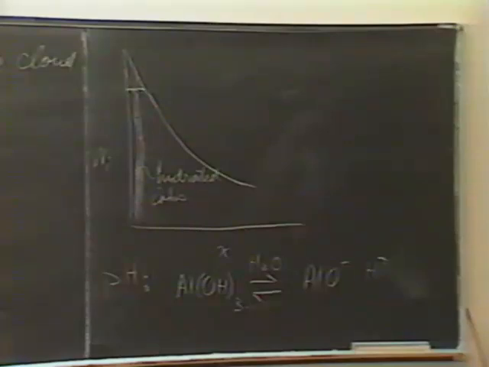Another factor that's not included in our theory has to do with edge charges. The edges are typically positively charged while the faces are negatively charged. And anions are absorbed on the negative face.